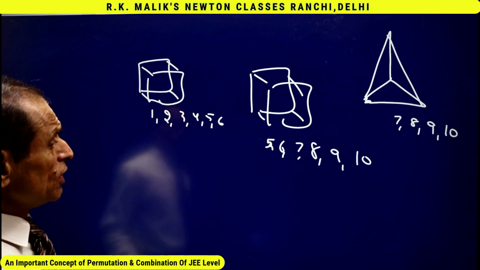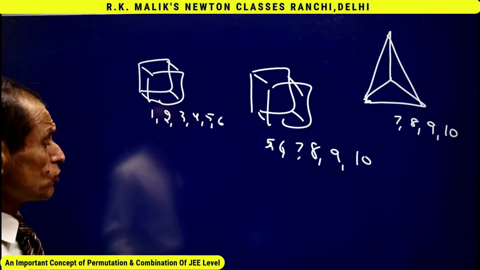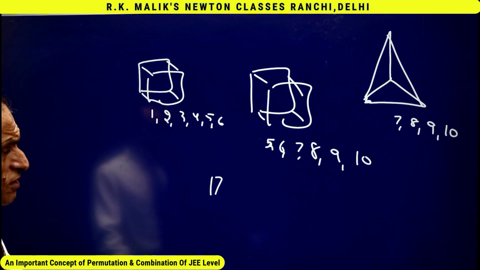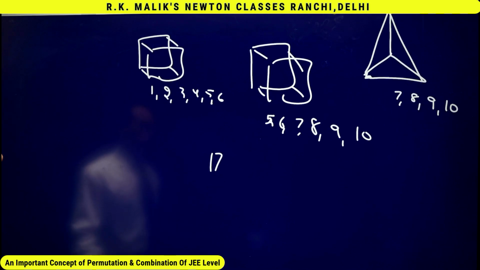And I ask, in how many ways can you get a total of 17 with the help of these 3 dice? I just want to tell you what expression is to be written.